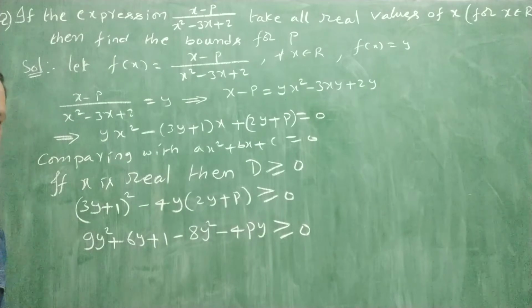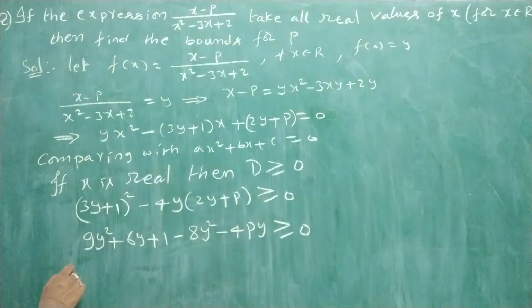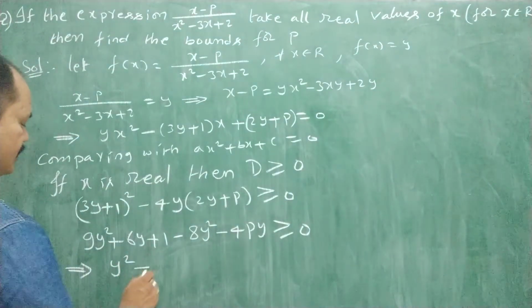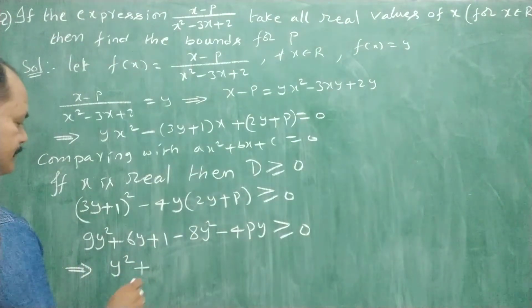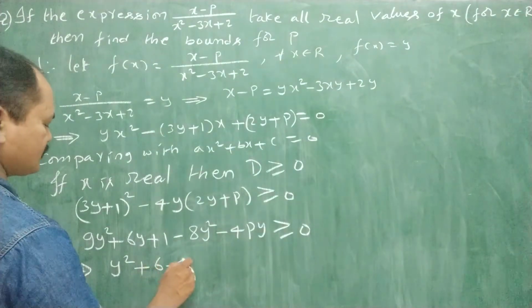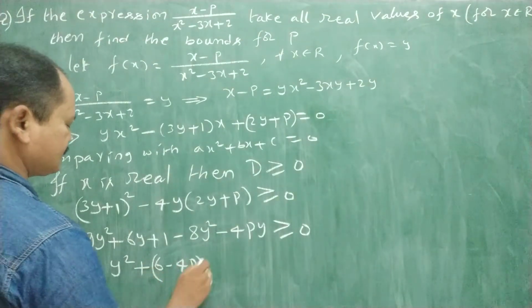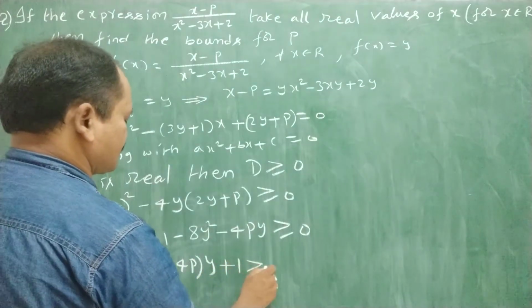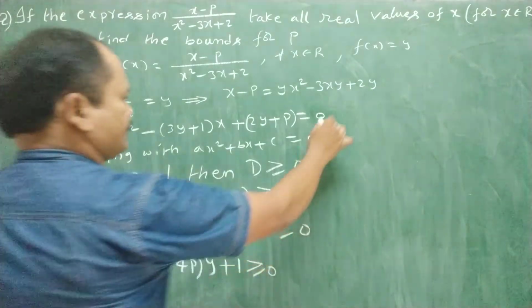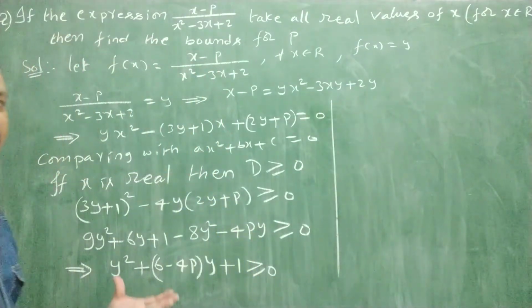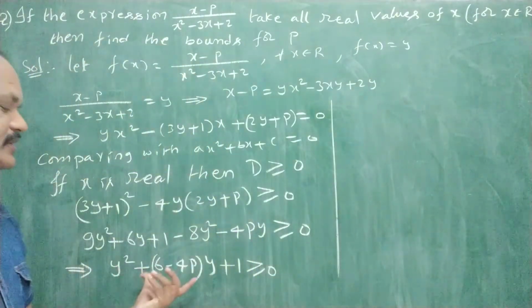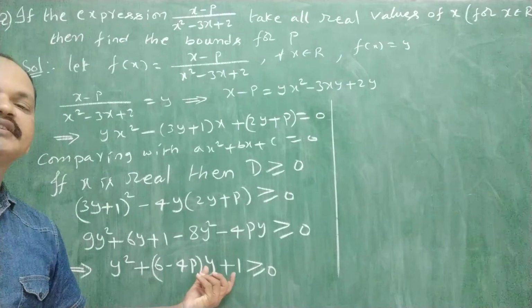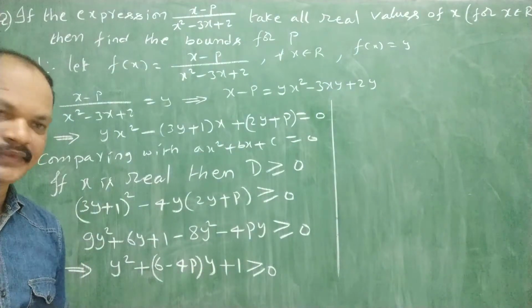Are you clear? Now from this, y square minus y square plus 6 minus 4p into y plus 1 greater than or equal to 0. That's it. That's why we get the expression is positive or 0.